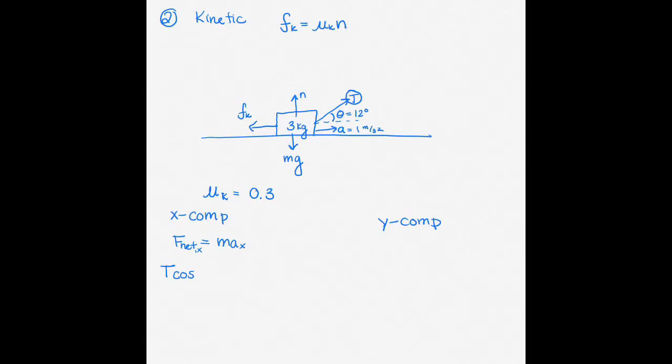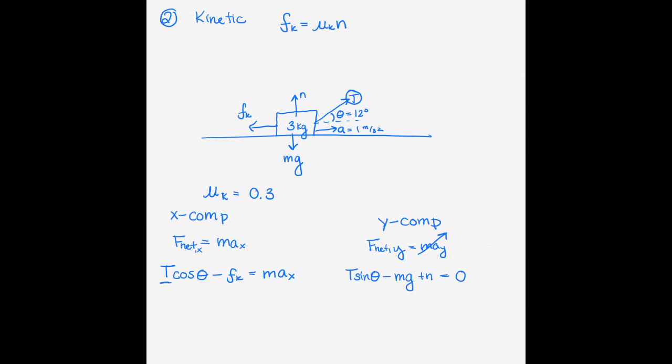So we have T cosine theta minus Fk is equal to m a_x for the x component. And in the y component, we still have Newton's second law, only that we don't have any acceleration in the y. And so now we have T sine theta minus mg plus the normal force is equal to 0.